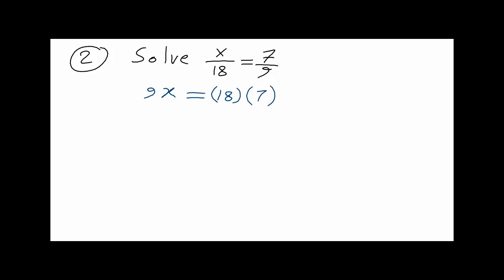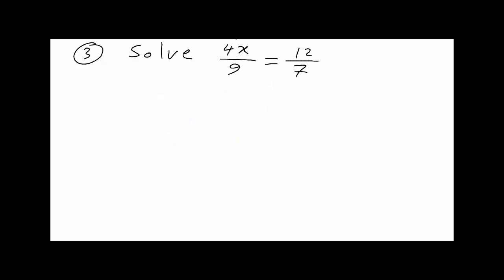The multiplication of means is equal to the multiplication of the extremes. From this, we can say that 9x is equal to 126. Now, solving this equation by dividing by 9 on both sides, we get x is equal to 14.